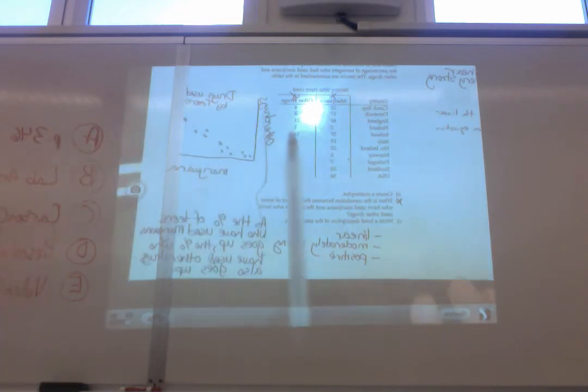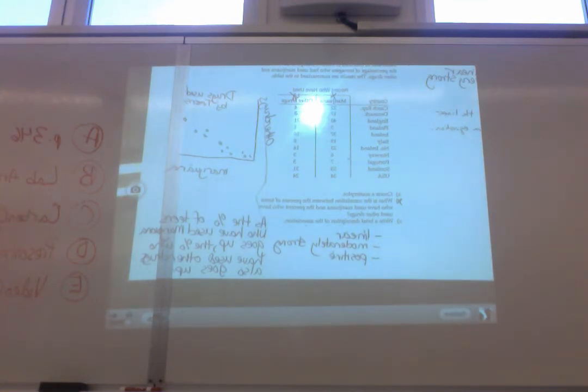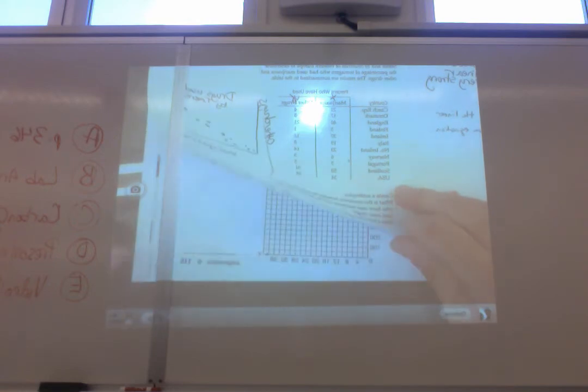Now they did say 10 countries. Another question would be how many? Did they ask one kid in each place, or how many? So there are some questions to be thought about.